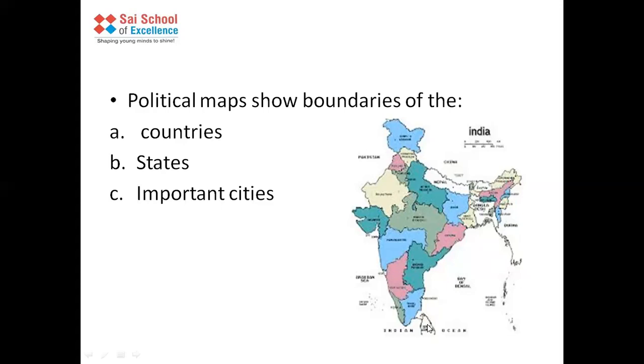In the same way, children, we live in the state of Maharashtra. So Maharashtra also shares its borders with some other states, for example, Karnataka, Gujarat, Madhya Pradesh, Goa. Okay, so this political map shows boundaries of the countries, states, and important cities.